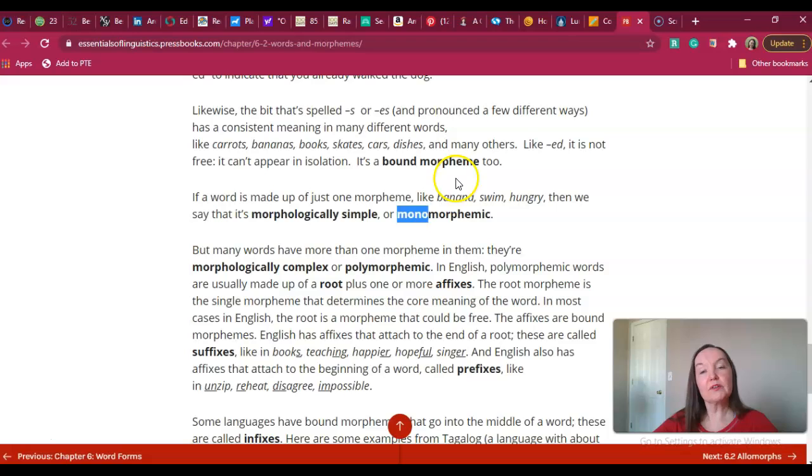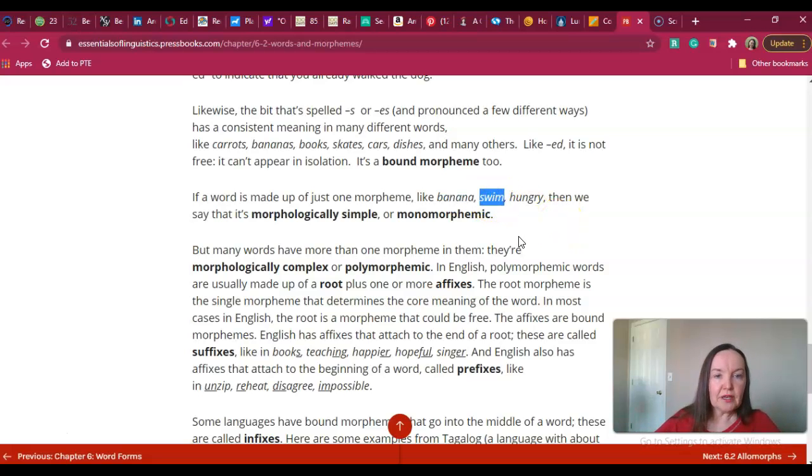So if a word is made up of just one morpheme, like banana, swim, hungry, we say it's morphologically simple or monomorphemic. If we were to add an S to the end of banana, bananas, it would no longer be monomorphemic. It would be what we're going to see below, polymorphemic, having more than one morpheme.